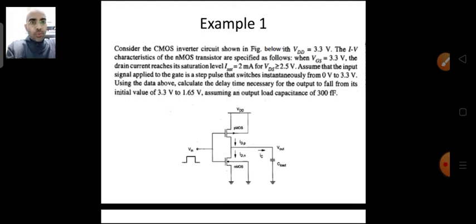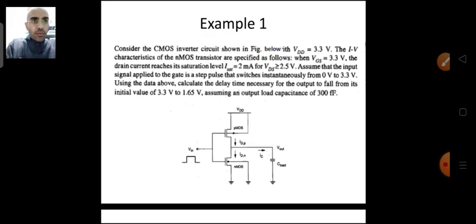The drain characteristics are given in words, so we'll try to plot the characteristics according to the statements, and then see what we can understand from that. That will be helpful to you.